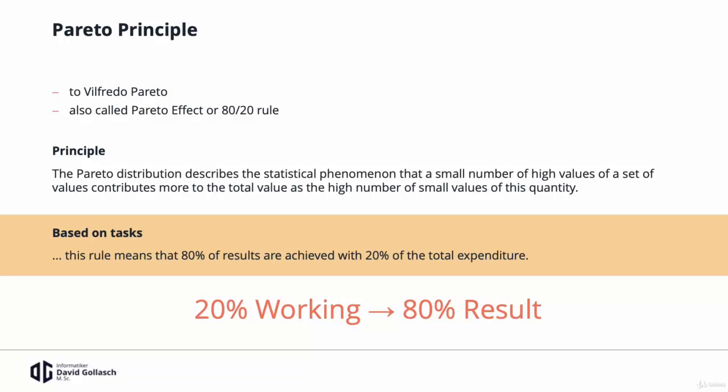And then you can decide if you spend more time, effort and resources on the other 80% of the tasks to get the rest of the 20% of the result, or if you're satisfied with the 80% and carry on and concentrate on other things. It also means that you can concentrate on the 20% of the tasks by yourself, and maybe the rest of the 80% of the tasks can be delegated to someone else to achieve the missing 20% of the result's quality.